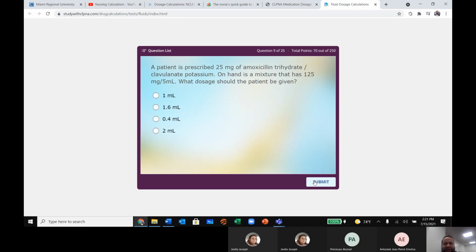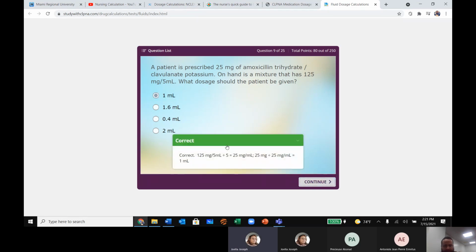What dosage should be given to the patient? One. Okay. Good job.